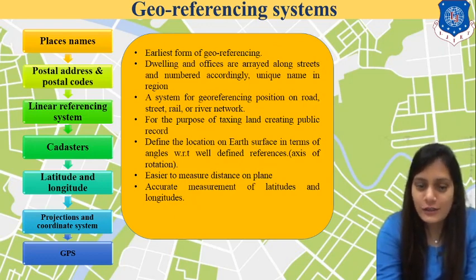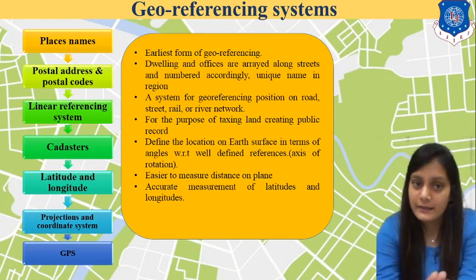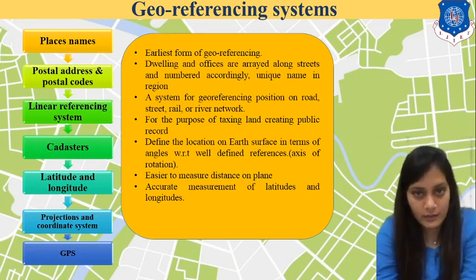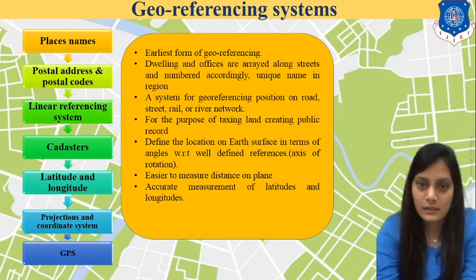That is the georeferencing system, and georeferencing systems are basically used to give the perfect location of any data related to the earth's surface. This system is provided only for spatial data, right? The word georeferencing applies to spatial data only, not to non-spatial data.